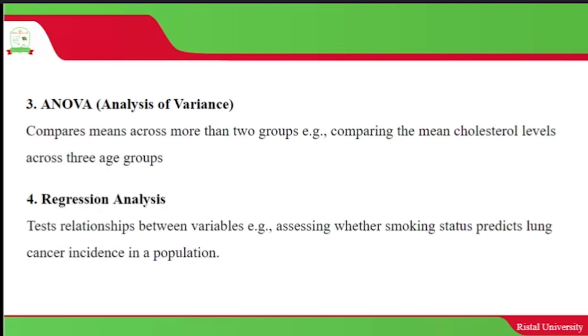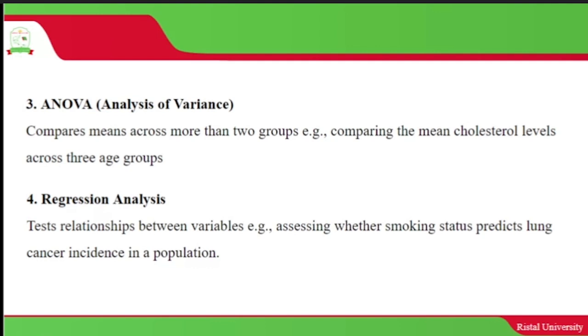Lastly, let's look at the regression analysis, which tests relationships between variables, either univariable when you're testing a single variable or multivariable when you're testing relationships between variables and how they affect each other in the same model.